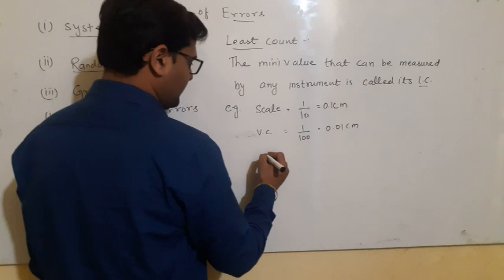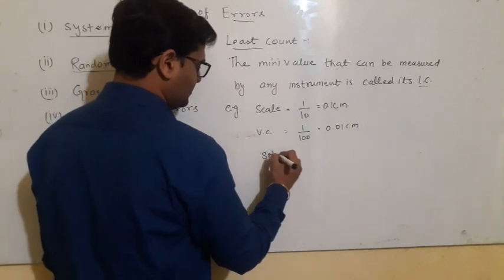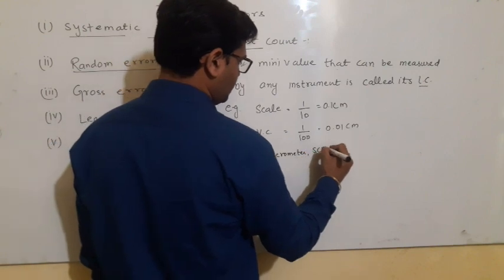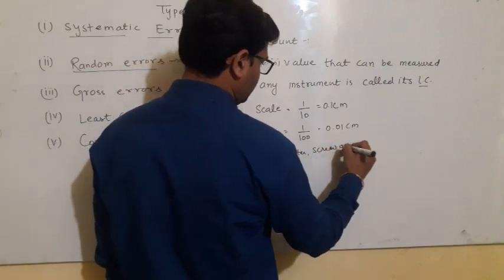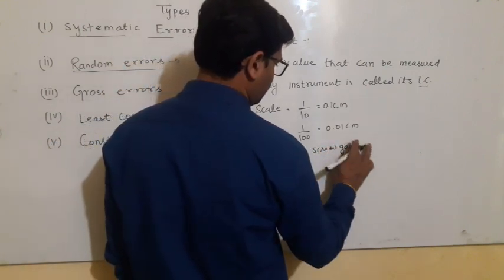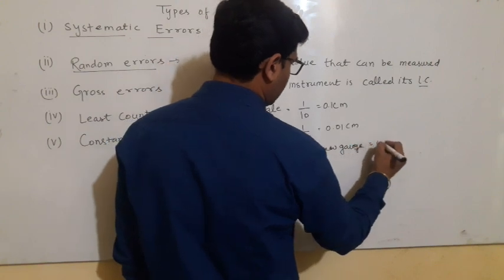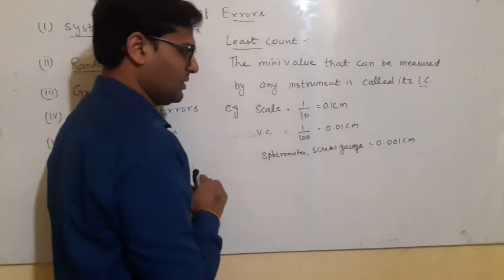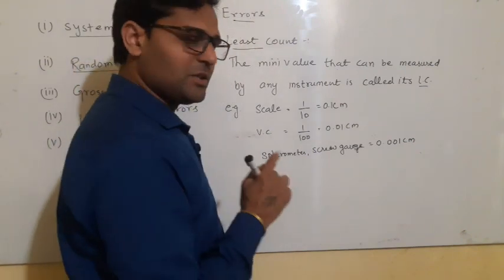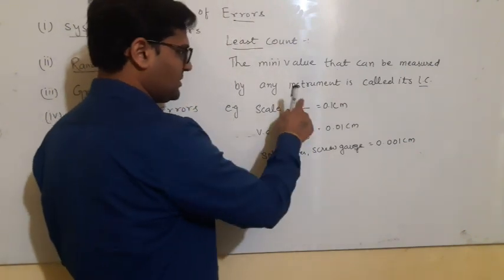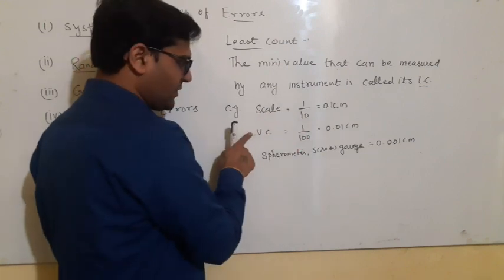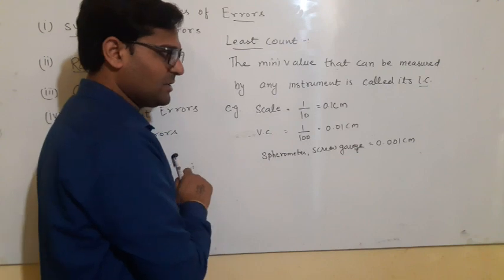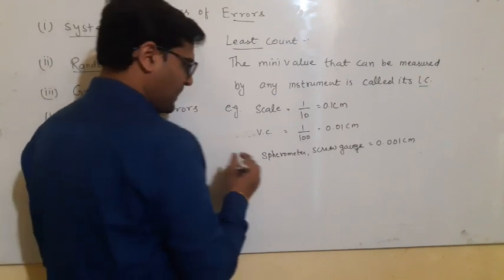Okay, and for spherometer and screw gauge, least count is 0.001 centimeter. So the limit of measurement for scale is 1 by 10 part. For vernier caliper, that is 1 by 100, and for spherometer or screw gauge, that is 0.01 centimeter.